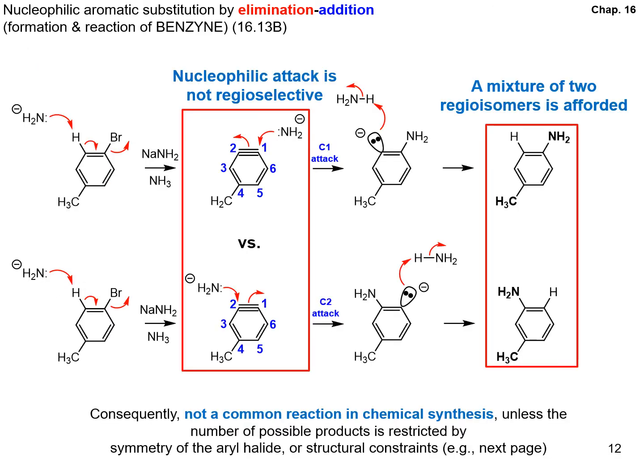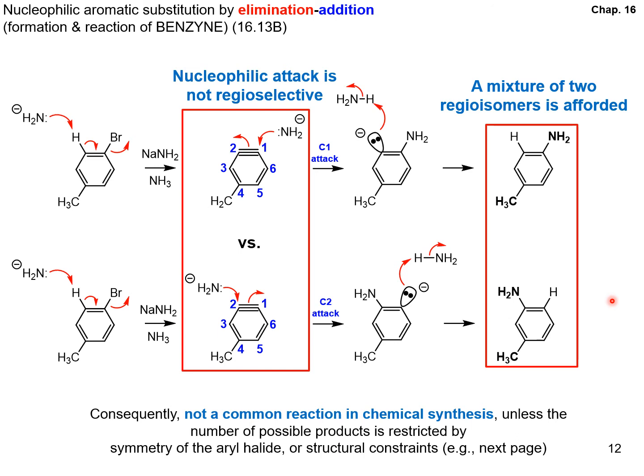You must keep in mind that nucleophilic aromatic substitution by elimination addition frequently affords a mixture of two regioisomeric products. As seen in this example, this aryl bromide, when treated with sodium amide, affords benzyne, but benzyne can be nucleophilically attacked at either carbon number 1 or carbon number 2 to afford these two regioisomers in almost equal amounts.